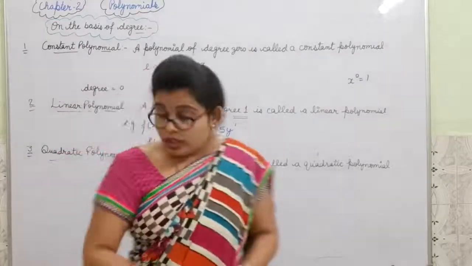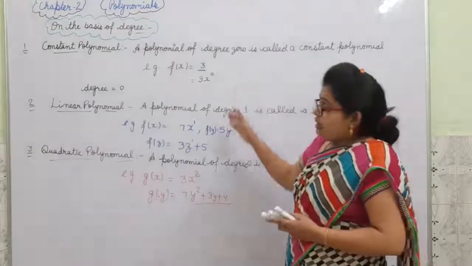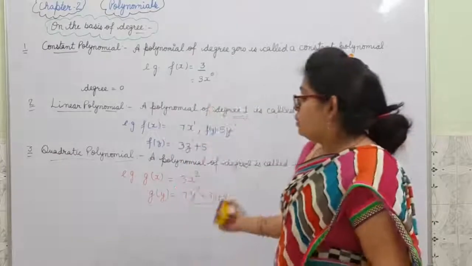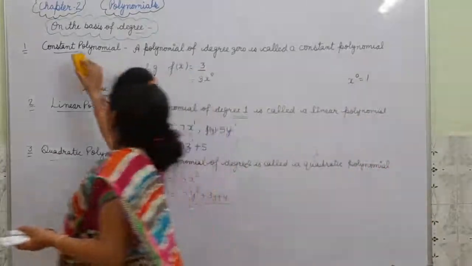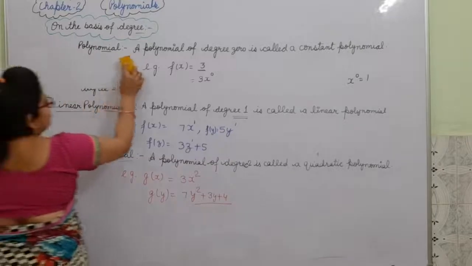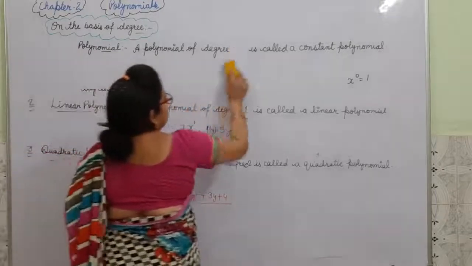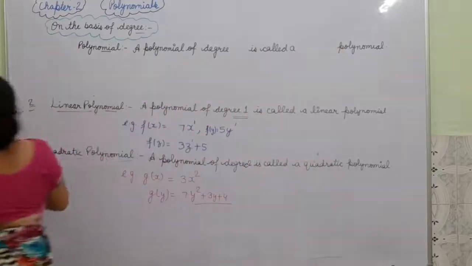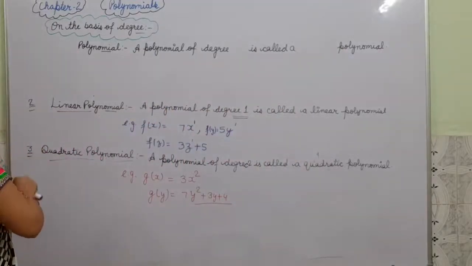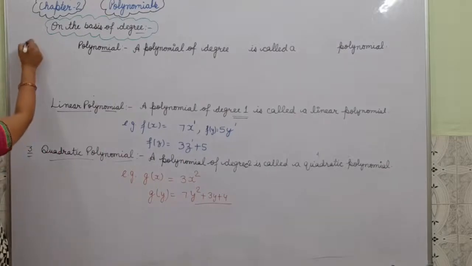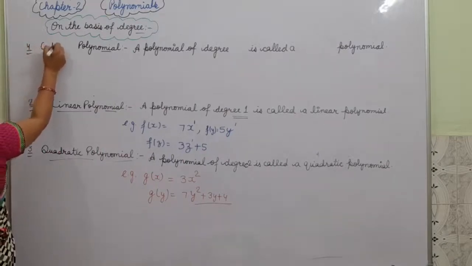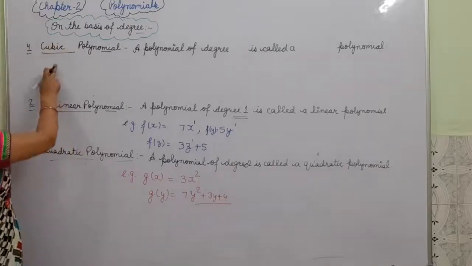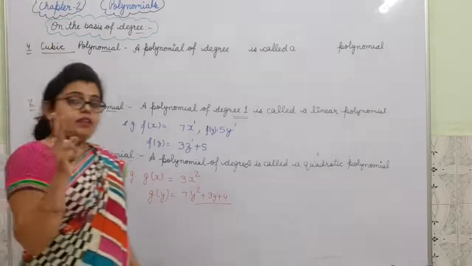This is about constant polynomial, linear polynomial and quadratic polynomial. Now come to the next, cubic polynomial. The fourth point is cubic polynomial. As the name suggests, cube means power 3.